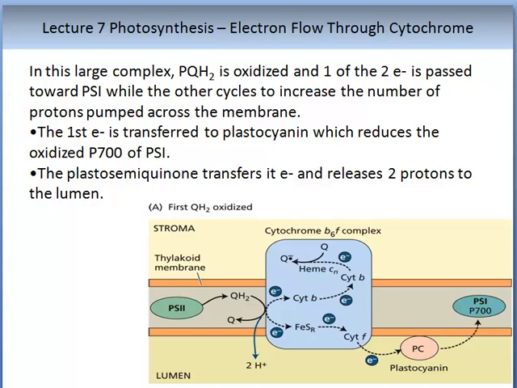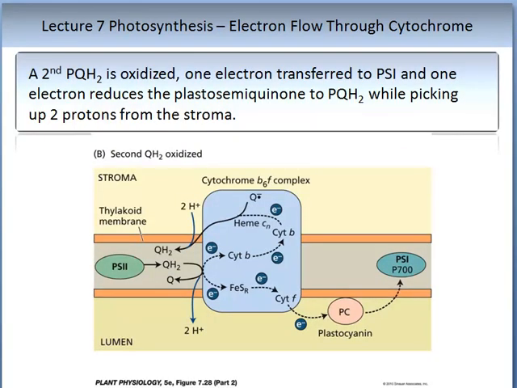PQH2 is oxidized and one of the electrons is passed towards photosystem 1, while the other cycles to increase the number of protons pumped across the membrane. The first electron is transferred to the plastocyanin, which reduces the oxidized P700 center of photosystem 1. The plastocyanin transfers its electron and releases 2 protons to the lumen.